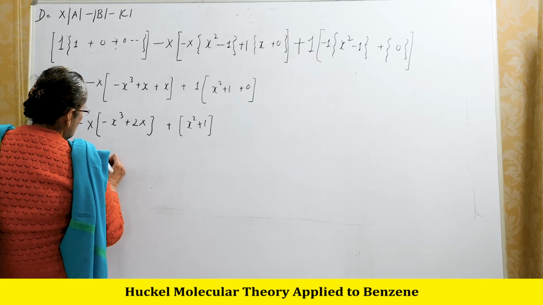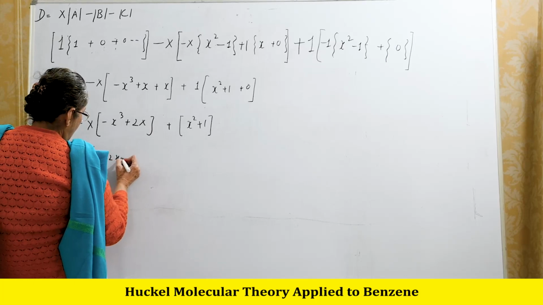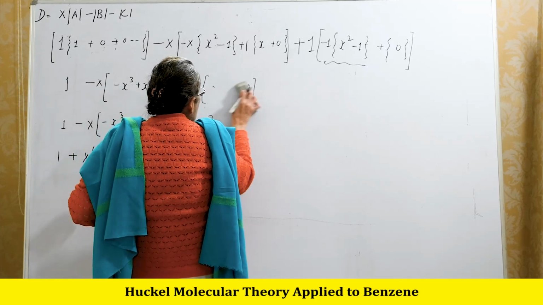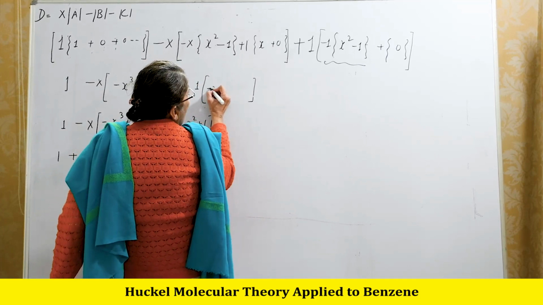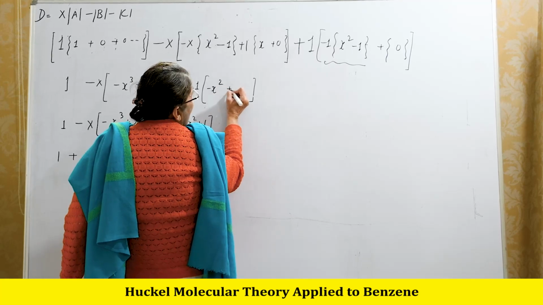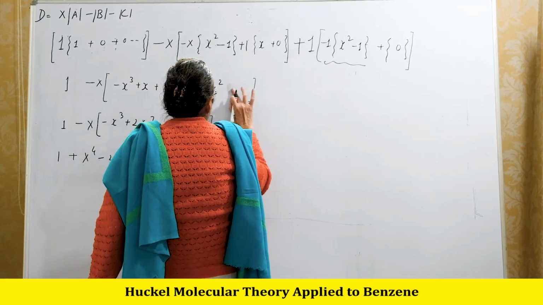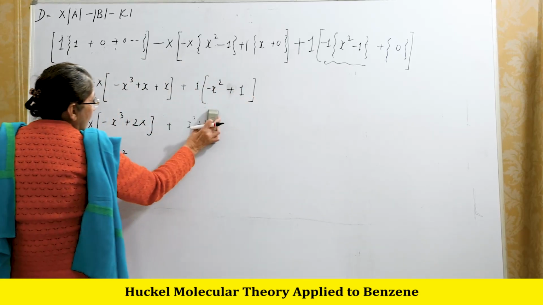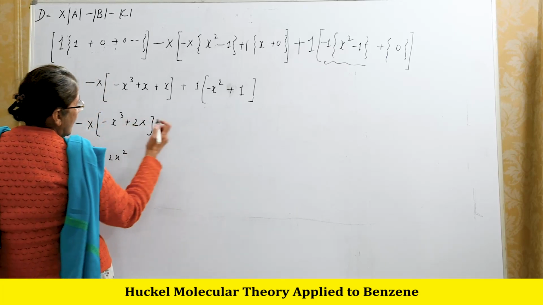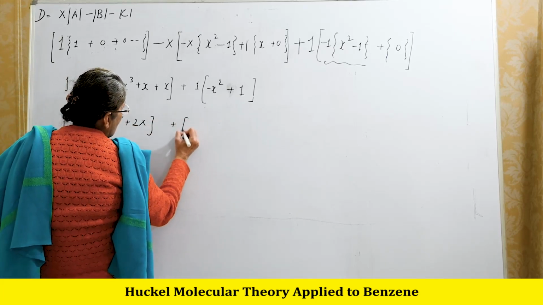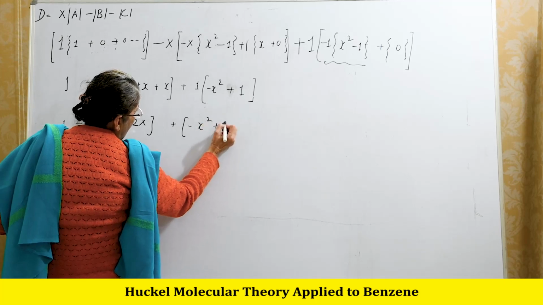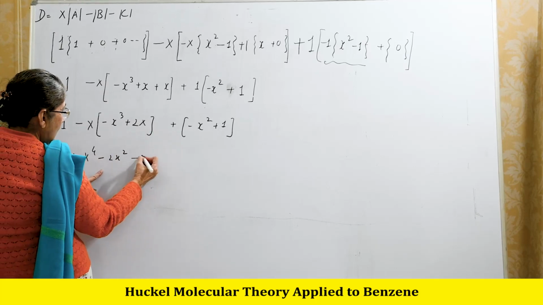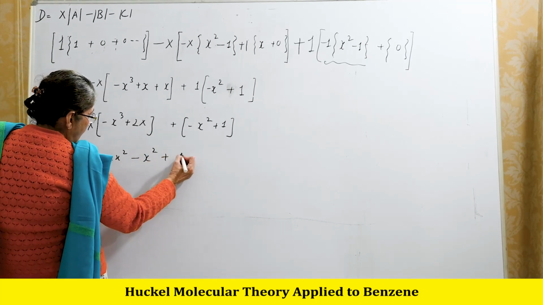Minus 2x square. This is plus 1 minus x square, and this is minus minus plus 1, minus x square plus 1, and here I will get plus minus x square plus 1, and here minus 2x square minus x square and plus 1.